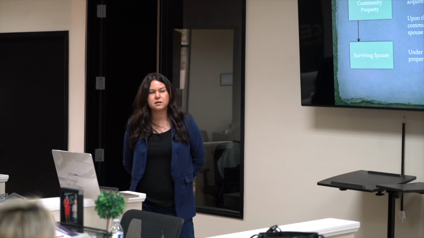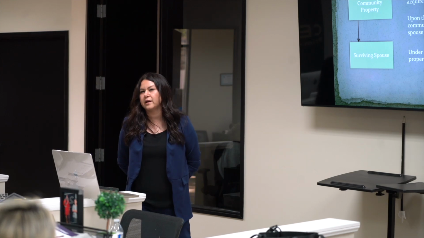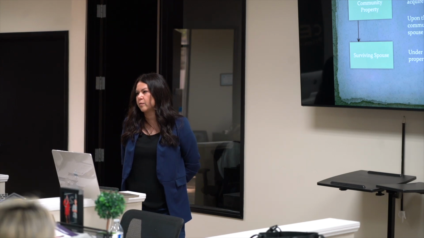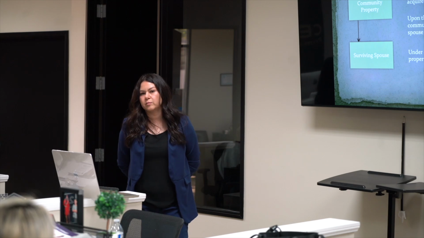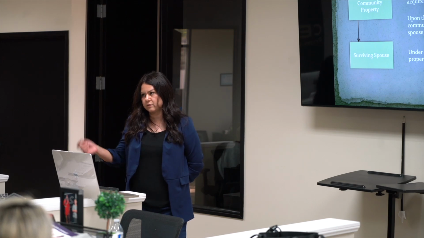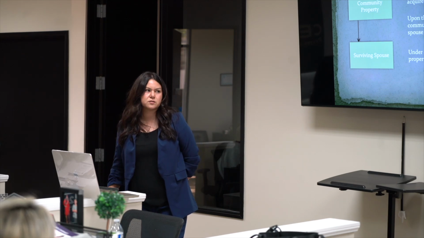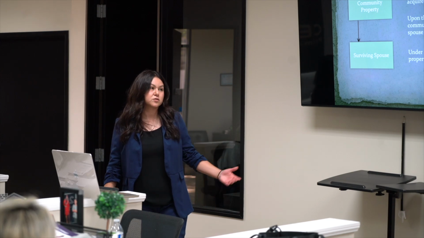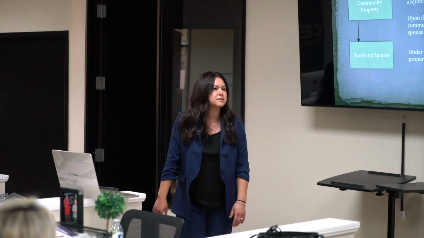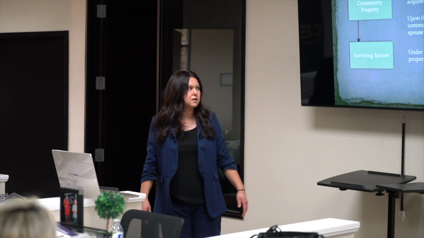This is common when you see a property held in community property, but they don't put those words with rights of survivorship. You can file a spousal property petition if there's no will, or if the will names the spouse as the heir.